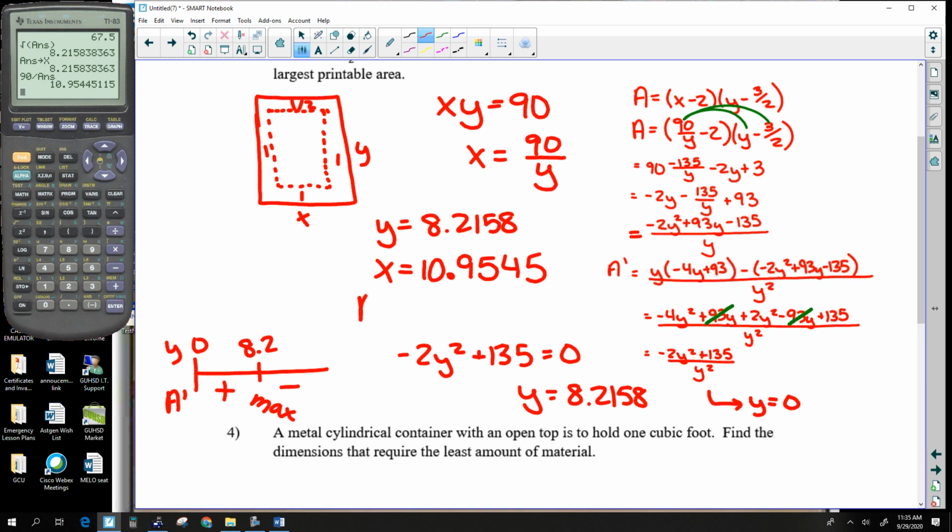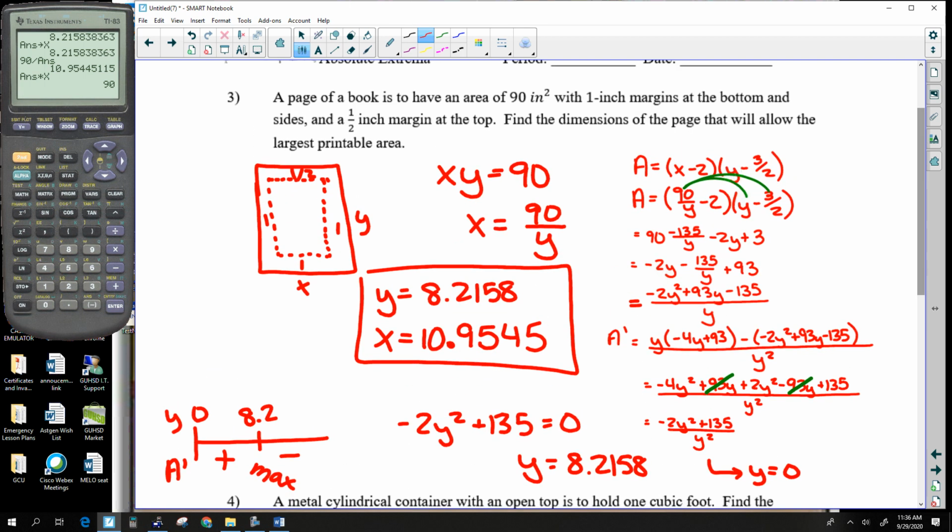And then the maximum area of the page, 90, inches.